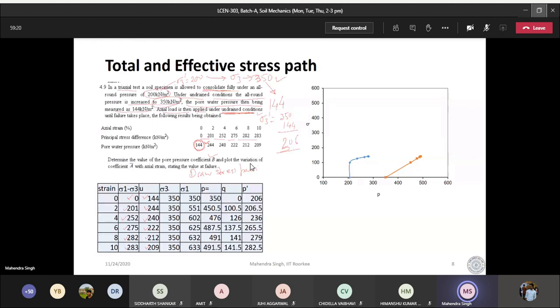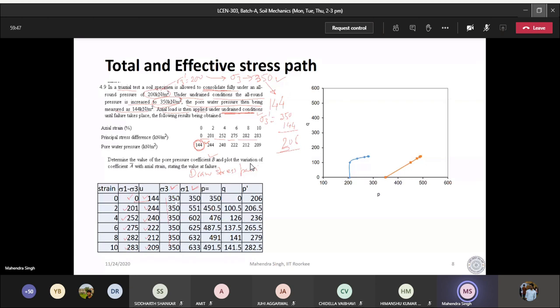And we are keeping sigma 3, the cell pressure, at 350. It is undrained, so we can calculate the sigma 1 value. Sigma 1 minus sigma 3 is equal to this, so you can add this to sigma 3.